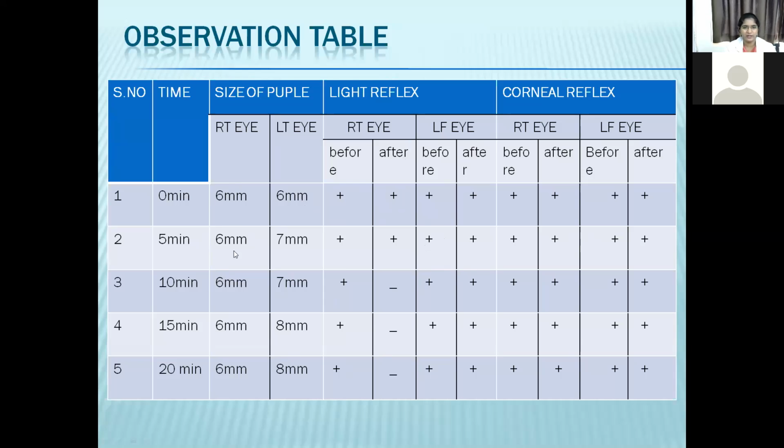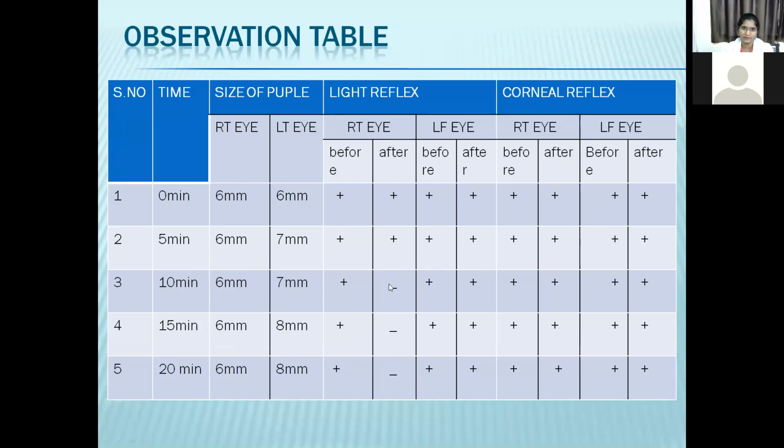After 5 minutes the diameter will be increased and all reflexes are present. After 10 minutes the diameter will also be increased, but the light reflex is absent because the M3 receptors are blocked by atropine. Atropine is an anticholinergic drug.